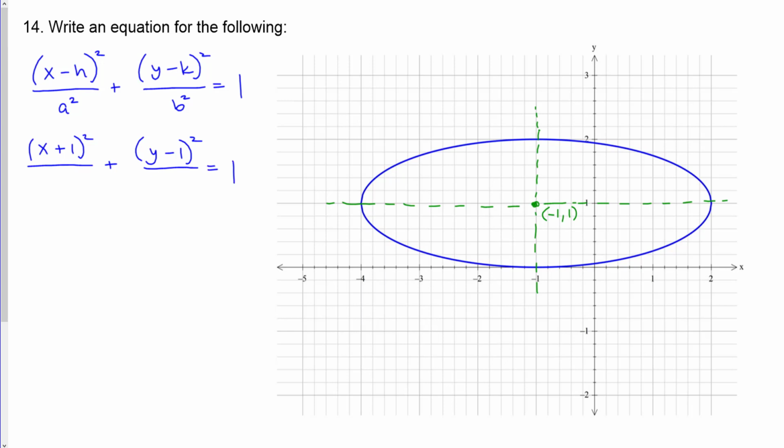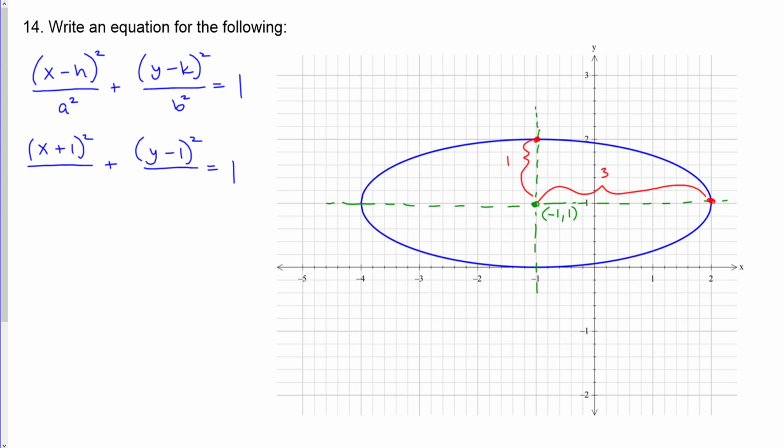And I just need to determine what it's over. Well, the thing that it's over is the distance from the center to the end of the ellipse. So for instance, in the vertical direction, this distance right here is going to be 1 unit. And in the horizontal direction, this looks like 3 units to this point.